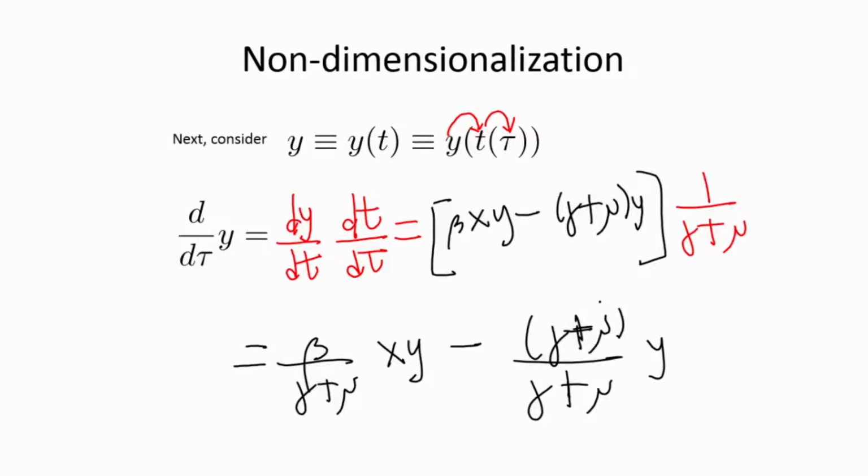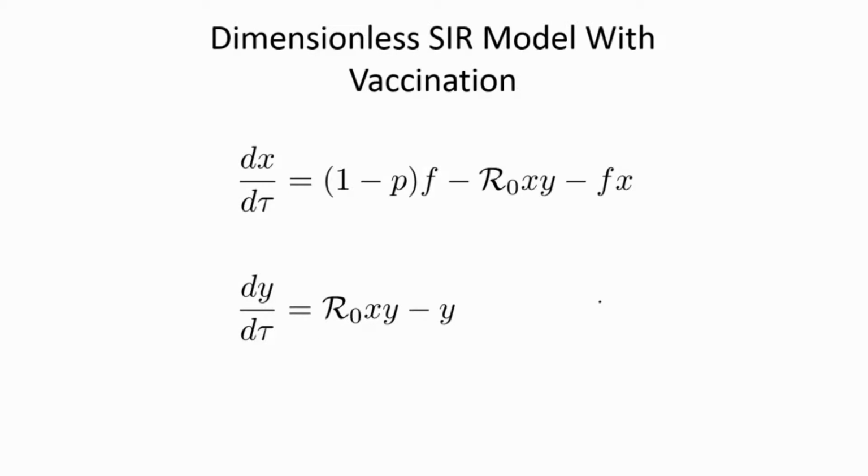Okay, so this starts to look like this: r0 times xy minus, gamma plus mu cancel with each other, and then this would be minus y. Remember, this is the derivative of y with respect to the new time variable, which we call tau.